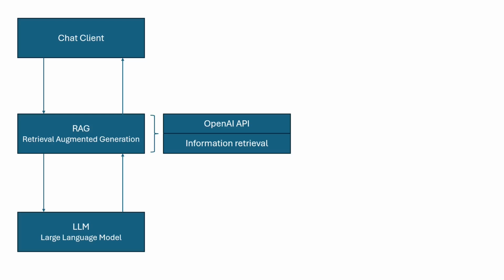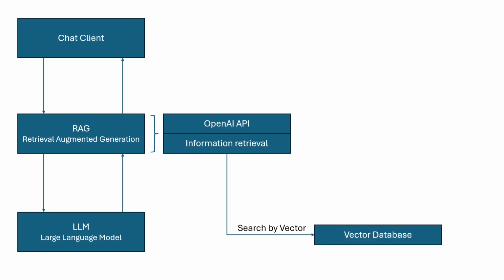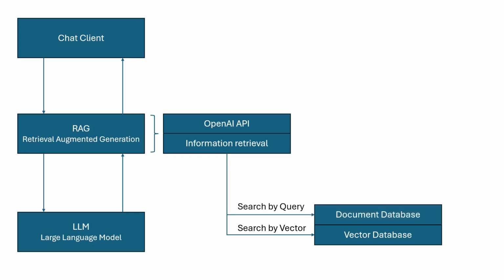In vector search, we take the user's query, calculate its vector embedding, and use it to search a vector database for chunks of content with similar vectors. Essentially, pieces of text most closely related by meaning. Alternatively, there's the classic search method, keyword or query search, like a traditional search engine operating over a document database. Both approaches are valid, but vector search provides more semantic, context-sensitive results.